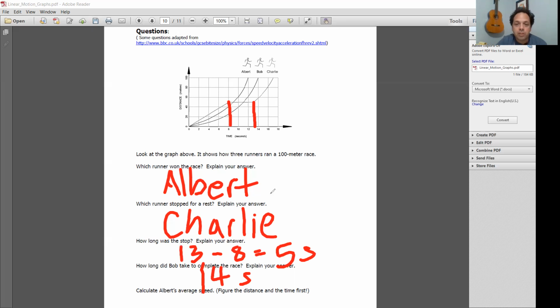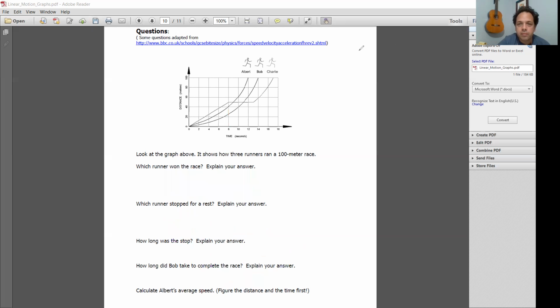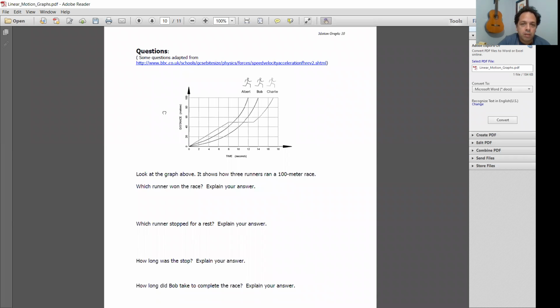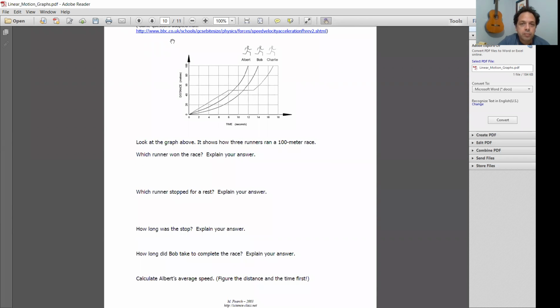Calculate Albert's speed. Figure the distance and the time first. All right, so the last one. Calculate Albert's speed. So speed is distance divided by time.